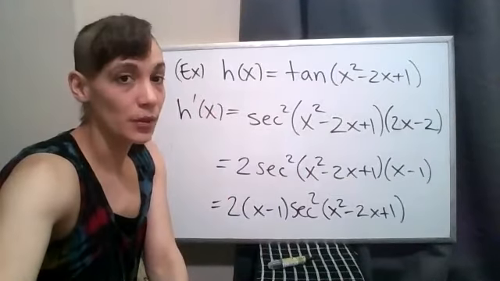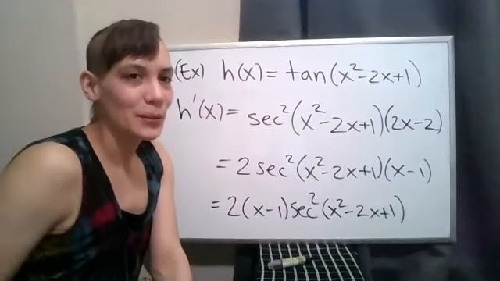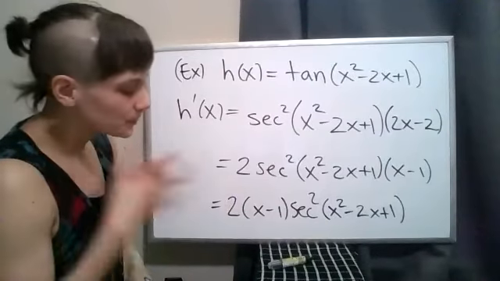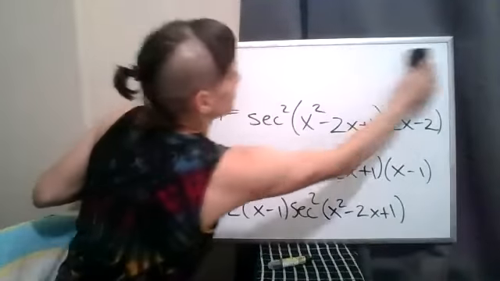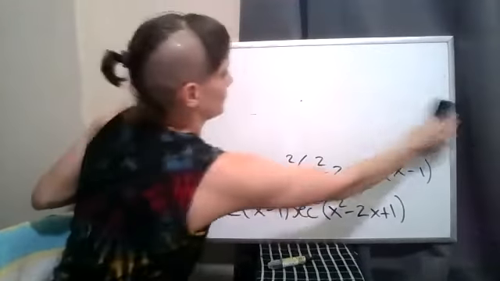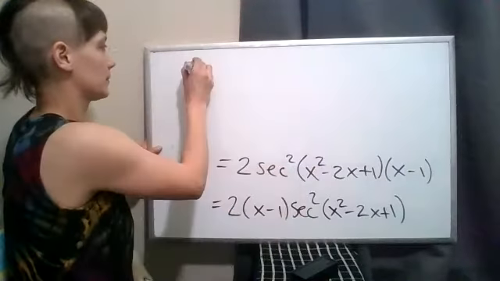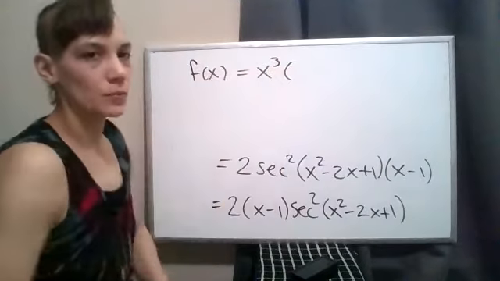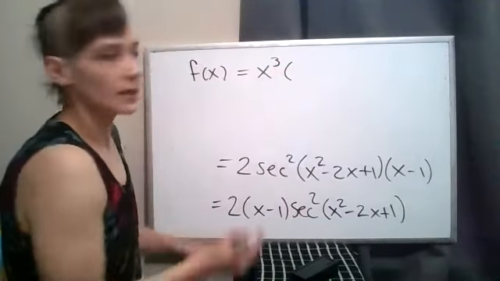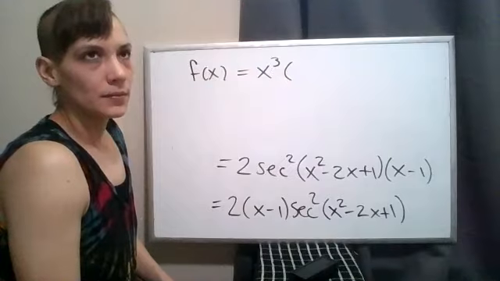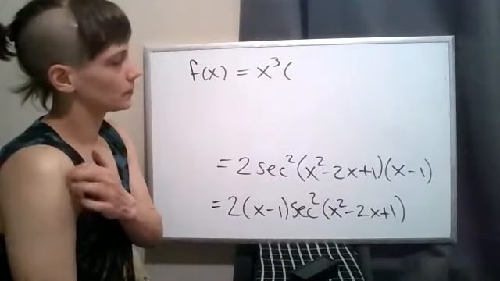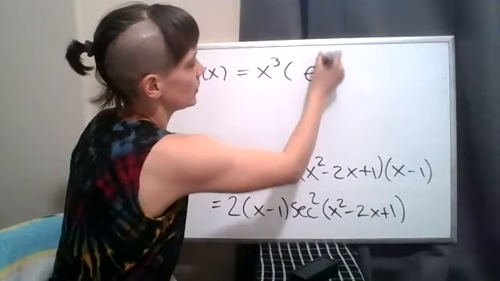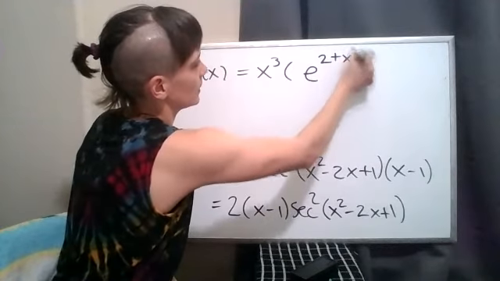Next one is going to be a product rule. Cool. Let's do x cubed times e to the 2 plus x.